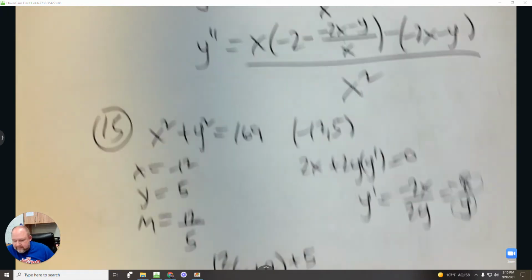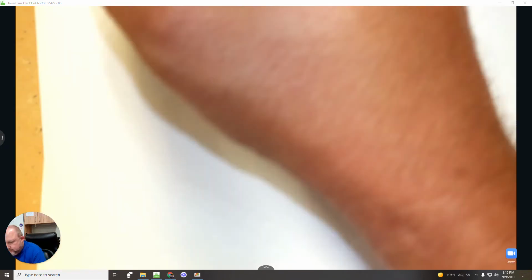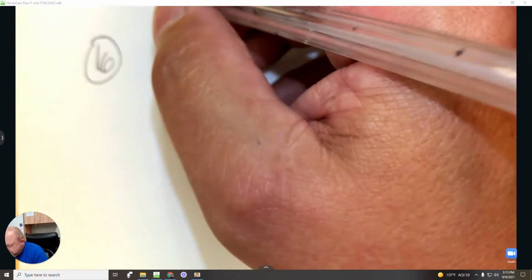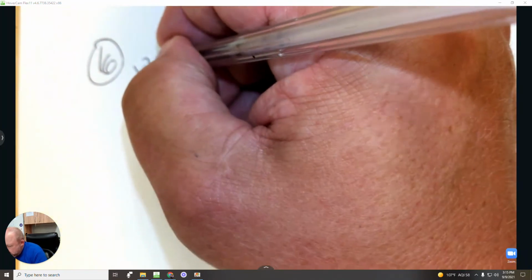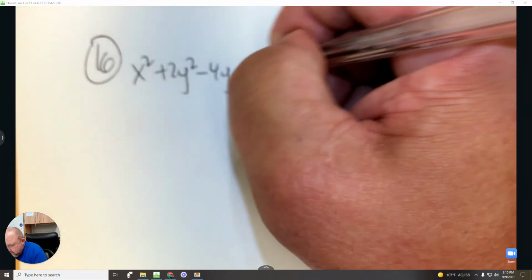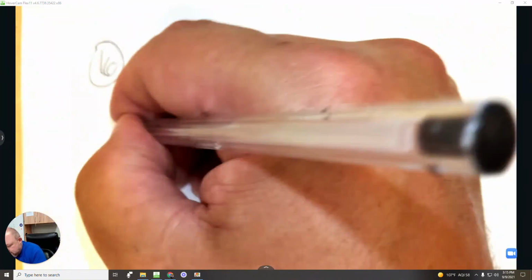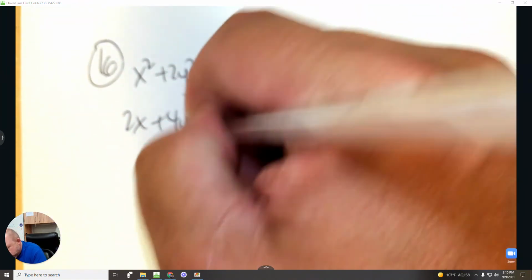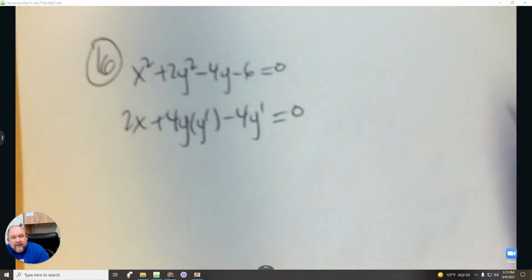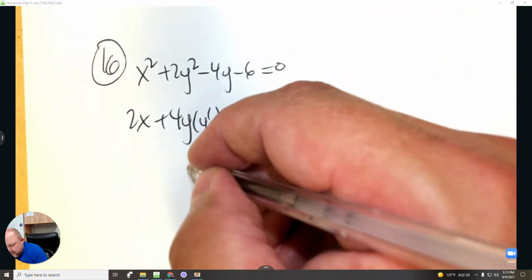Number 16. In number 16, there it is. We have an equation, and it says to find the horizontal tangents. So I need to take the derivative, and then I need to get y prime by itself.